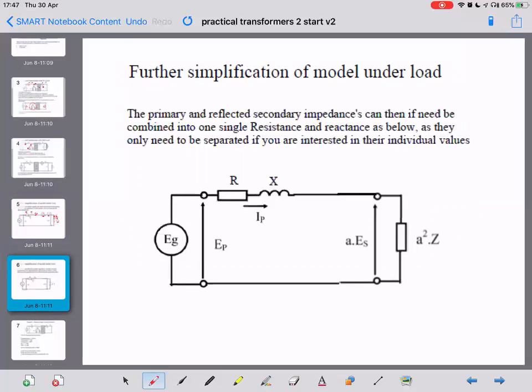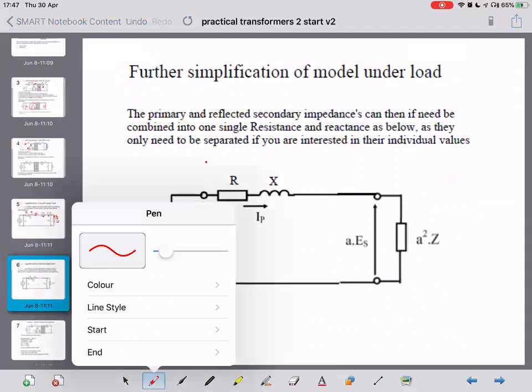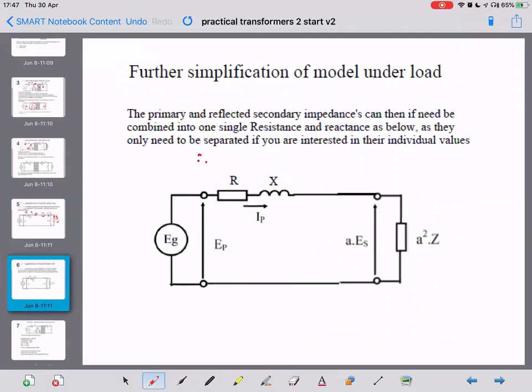So this R here is R1 plus R2 A squared, and this X is X1 plus X2 A squared.